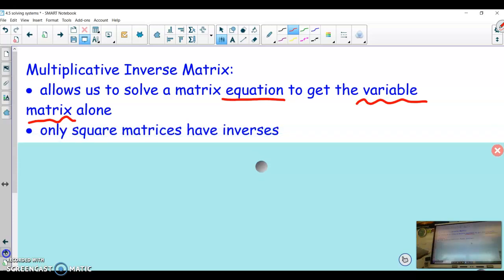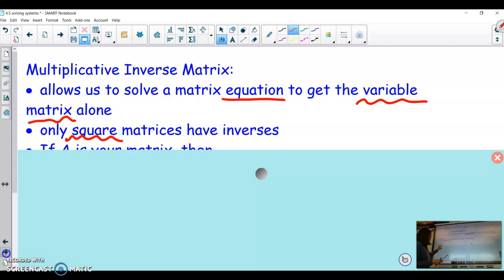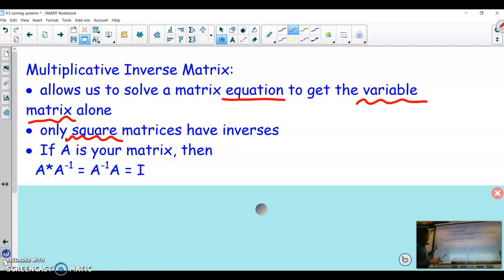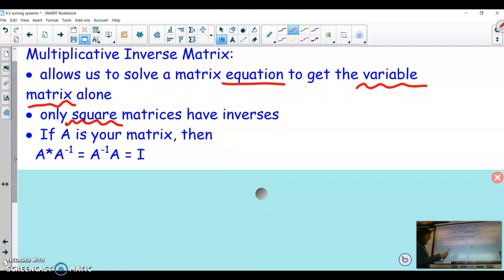A couple facts that you need to know: only square matrices have inverses. So if it's not a square matrix, it's not going to have an inverse at all. And a property of matrices is if you take a matrix times its inverse, or the inverse times the matrix, the order here can go either way, what you're going to end up with is the identity matrix.